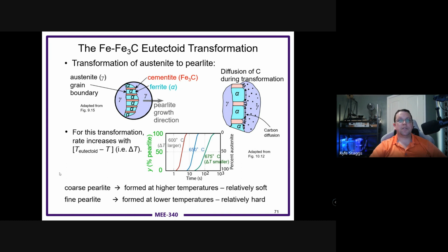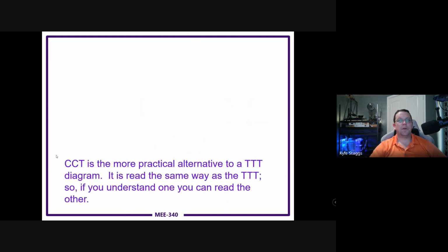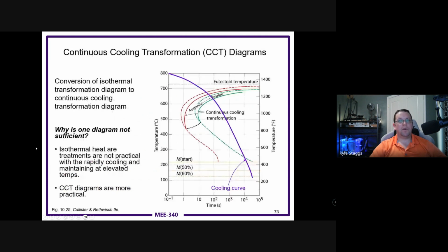So this is some of the things that we have to pay attention to, especially when we go to do those. So the cooling curves are more practical, but ideally, if you understand how to read those, the better off you are overall. So it's not necessarily all that hard.